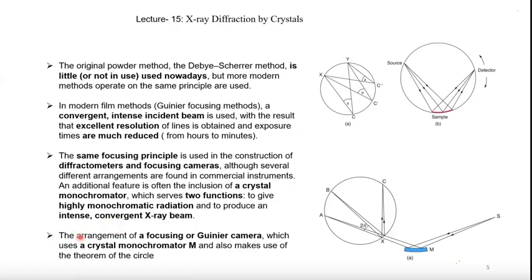Okay, the arrangement of the focusing Guinier camera uses a crystal monochromator M. Here is the crystal monochromator M, then the source of X-ray, and X is the sample, and it exactly follows the theorem of circles we mentioned a bit earlier.